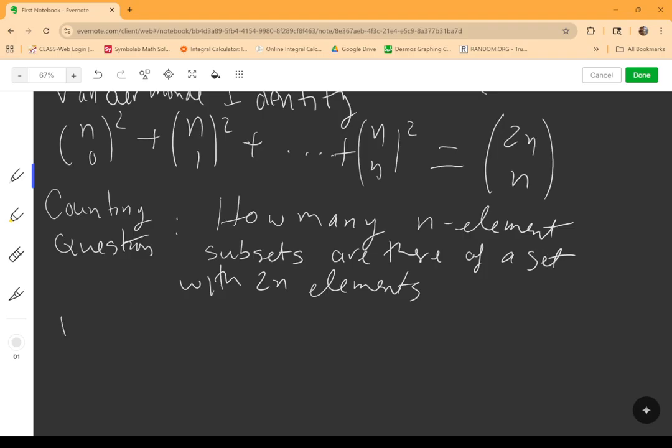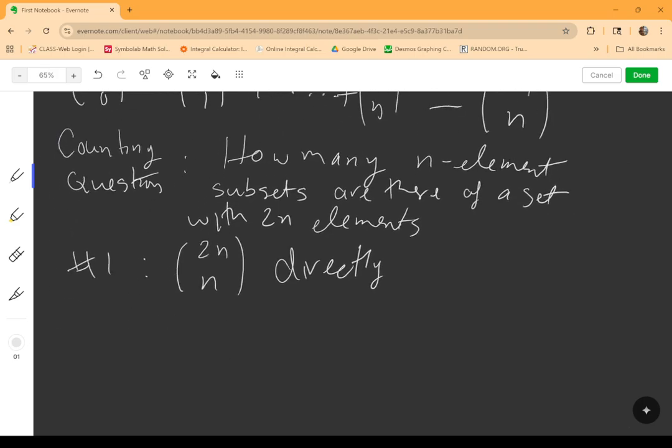Okay, well, answer number one, that's just directly. That is pretty much our definition of the choose number. This tells me if I have 2n elements and I want to choose n, I would use this calculation to figure that out. Now let's take a look at answer number 2.